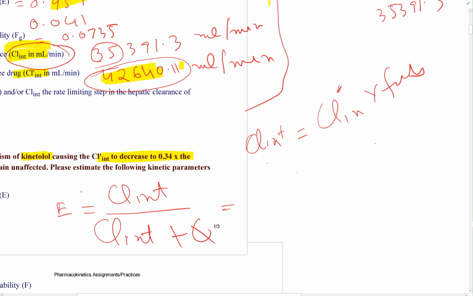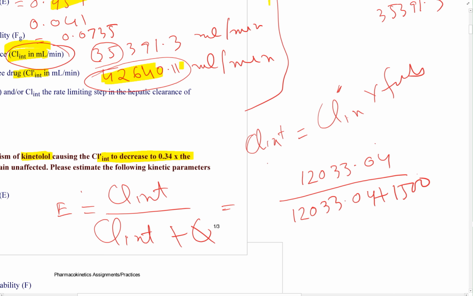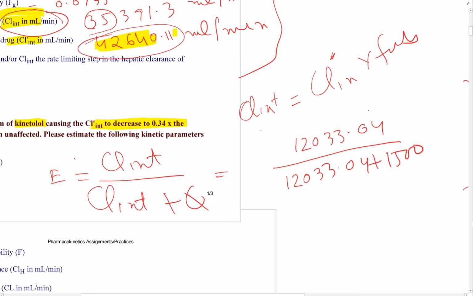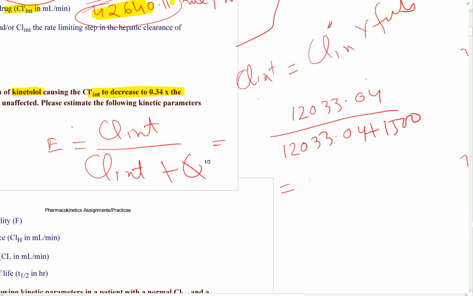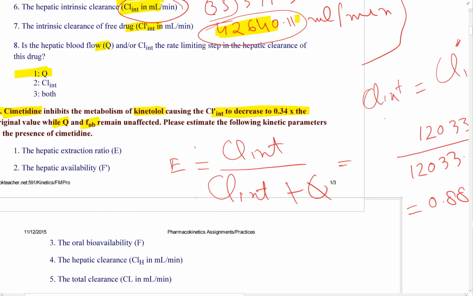We know that CLINT is 12033.04, so E is 12033.04 divided by 12033.04 plus 1500, and we know Q has not changed, it is 1500 milliliter per minute. Now your extraction ratio is 0.88916. So here your new extraction ratio is 0.88916.